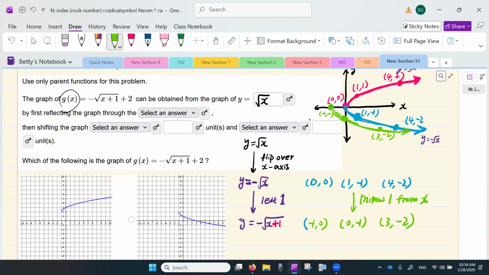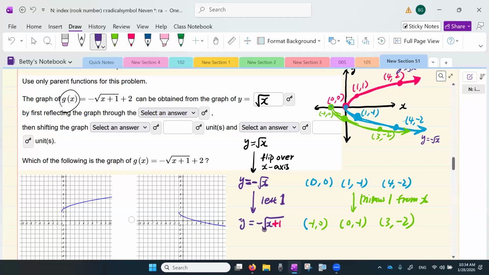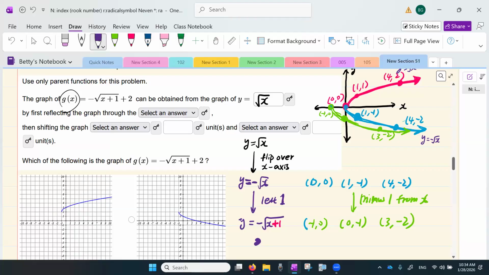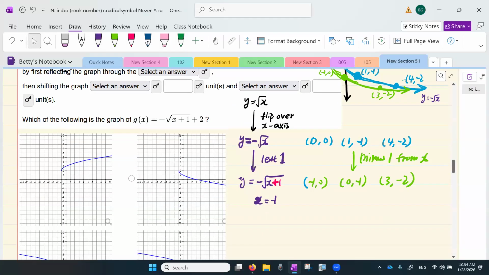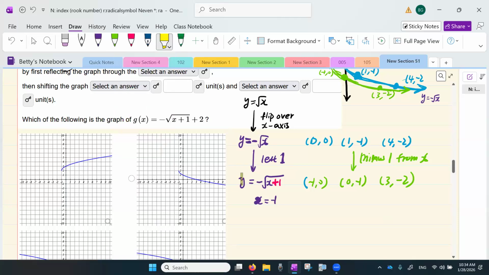Okay, let's plug in. When x equals negative 1, what's the y value? We are looking at the yellow function. Plugging in x equals negative 1, 0.